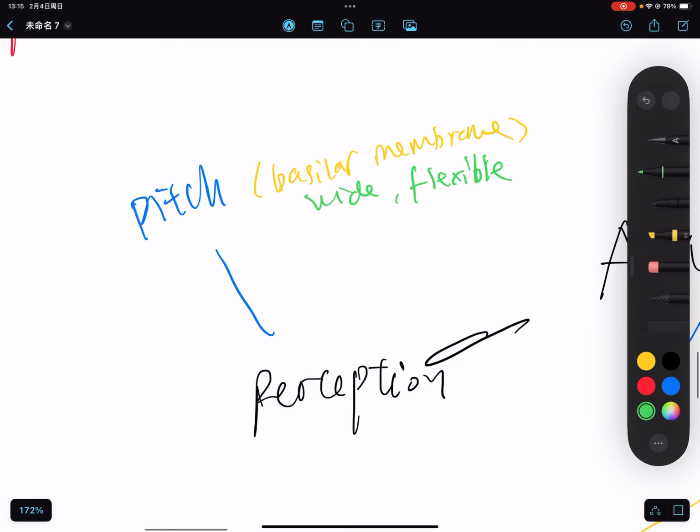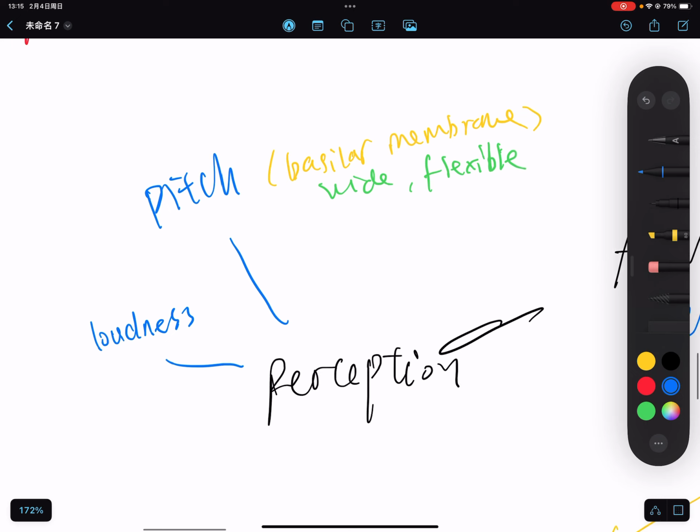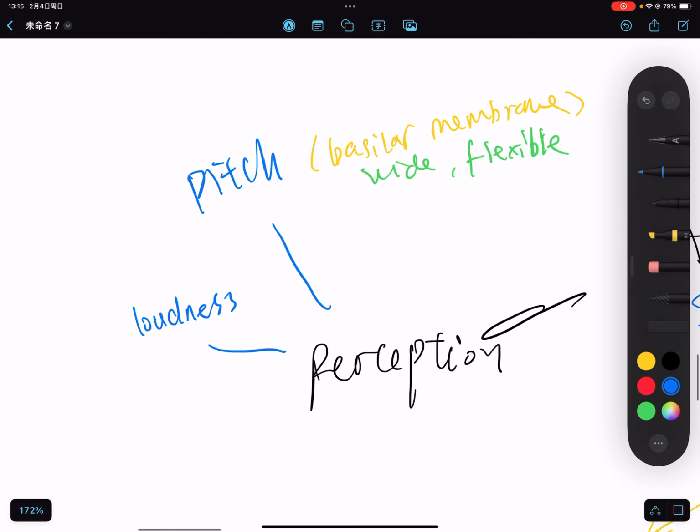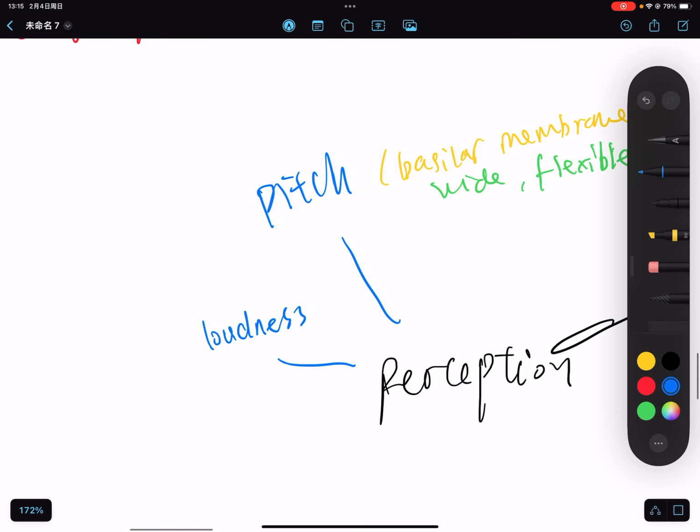Second, we can perceive loudness. Humans can perceive sounds that vary in intensity by a factor of more than 10 billion, so that is a large number. And the frequency of the sound interacts with our perception of its loudness.